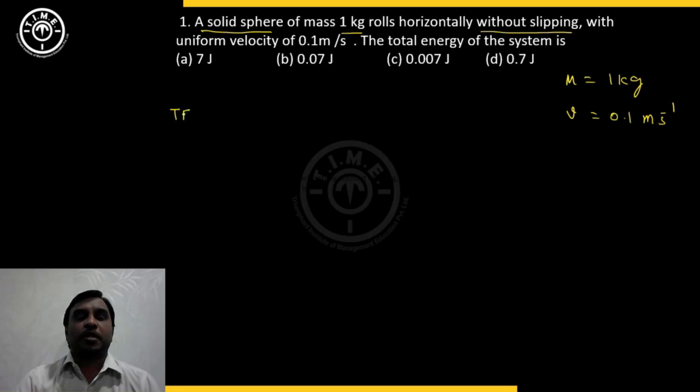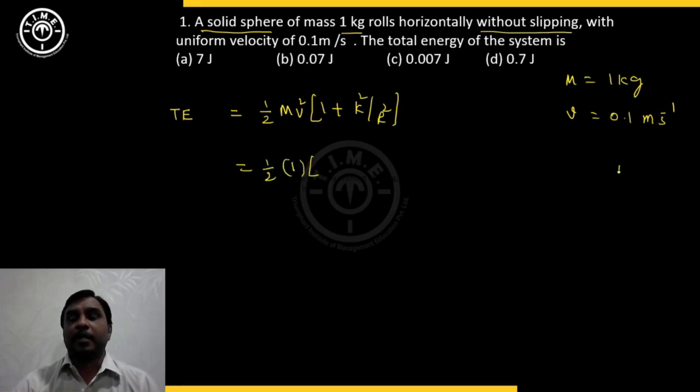You know the expression for total kinetic energy, that is half mv square into 1 plus k square by r square. Here according to the problem, mass is given as 1, velocity is 0.1, nothing but 10 power minus 1, whole square. So 10 power minus 1 whole square into 1 plus. So for a solid sphere, what is the moment of inertia?